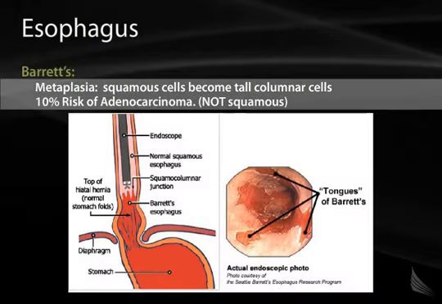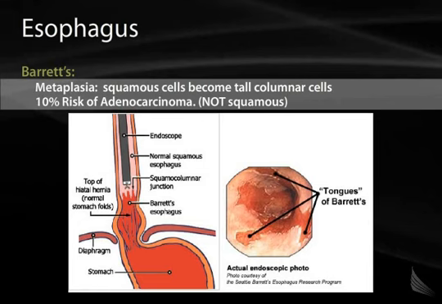Barrett's esophagus or metaplasia represents squamous cells in the lower third of the esophagus that become tall columnar cells. There is a 10% risk of adenocarcinoma in patients because of constant reflux of acid into the lower third of the esophagus. This results in dysplasia, and subsequently 10% of patients can develop adenocarcinoma.